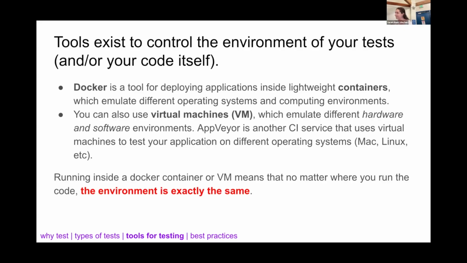Question? You say virtual machines can emulate different hardware, but Mac, Windows, Linux, that's software. Yeah. So the question was, virtual machines can emulate different hardware, but Mac, Linux, et cetera, are different software. I guess I was also thinking about Macs will often have different hardware than Linux machines, for example. Yeah.